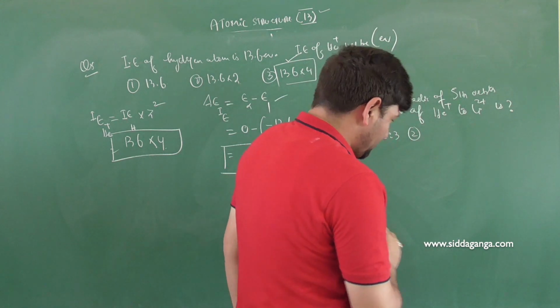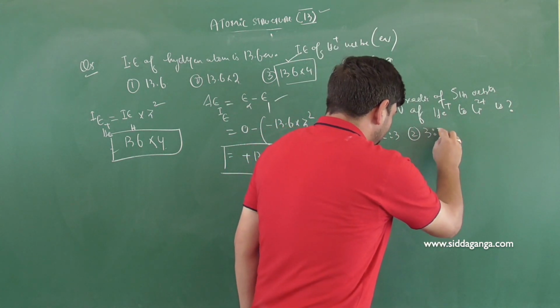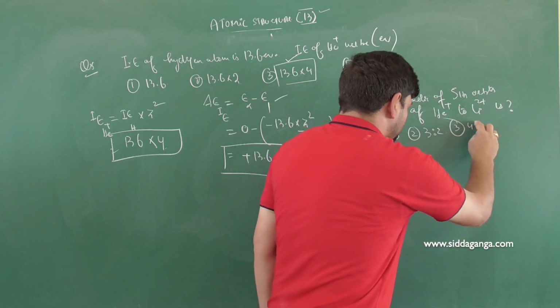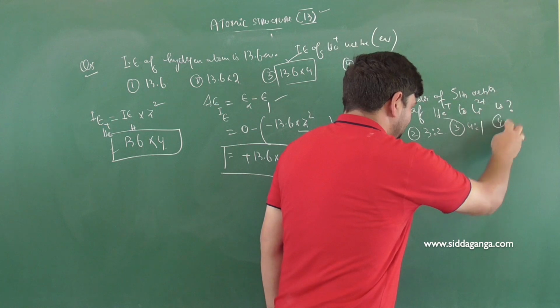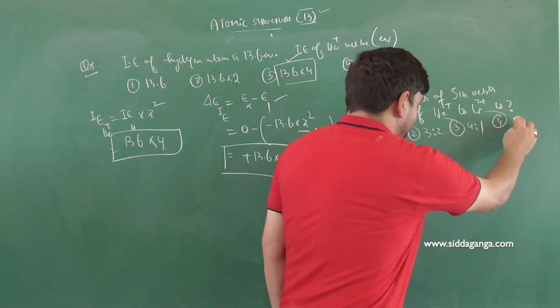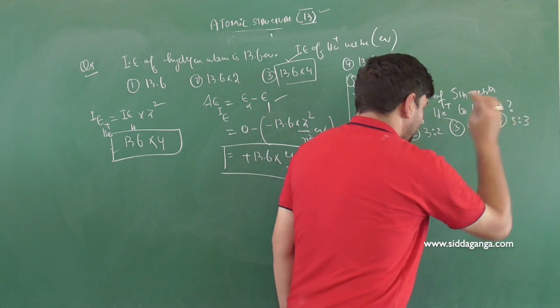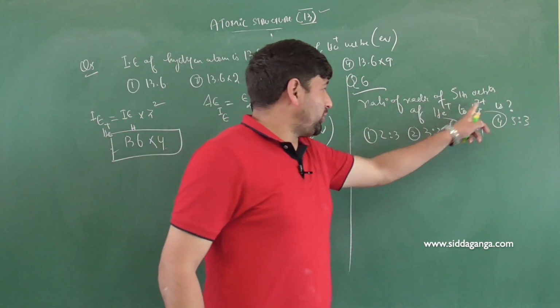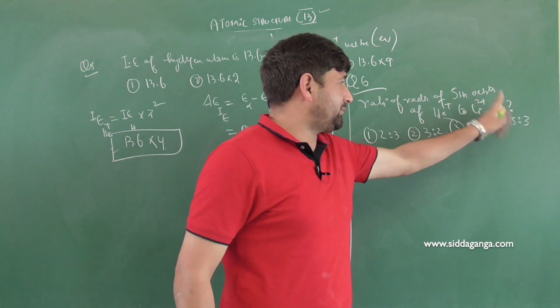Second one, 3:2. Third one, 4:1, and fourth one, 5:3. The question is, the ratio of radii of fifth orbits of helium plus to lithium 2 plus is.